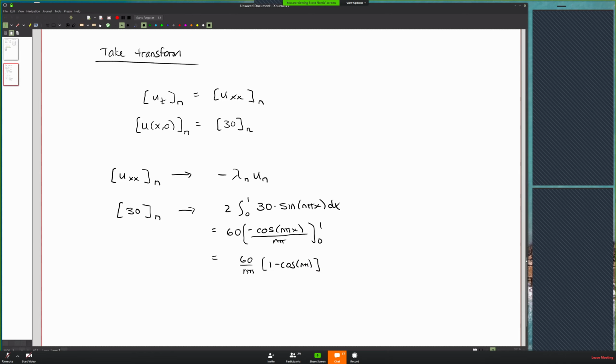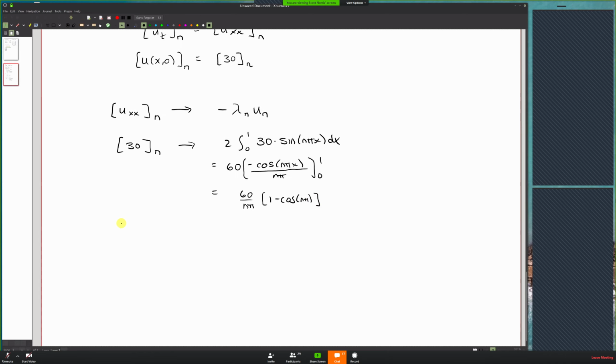But what is u_t transform n? What's the transform of the time derivative of u? I don't have a fancy rule yet, so I just have to do it. So how do I do it? What does it mean to take the transform?